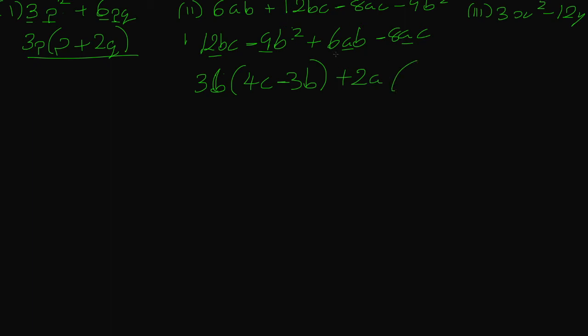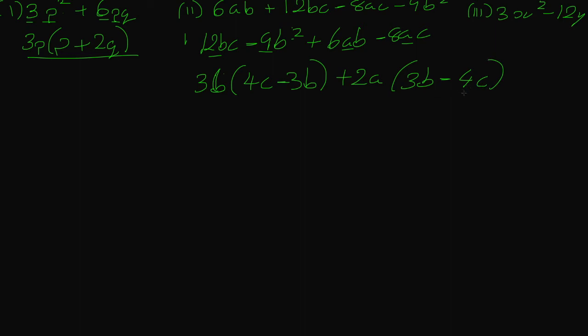So now 6 divided by 2 would be 3, and then we divide by a, so we'd have the b left over. Then minus 8 divided by 2 would be minus 4, and then we'd be getting rid of the a, because a divided by a, and then we just have a c left over, minus 4c.